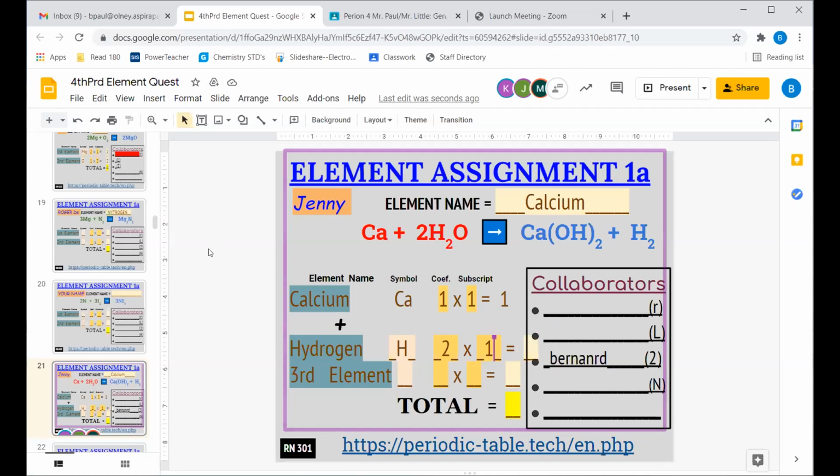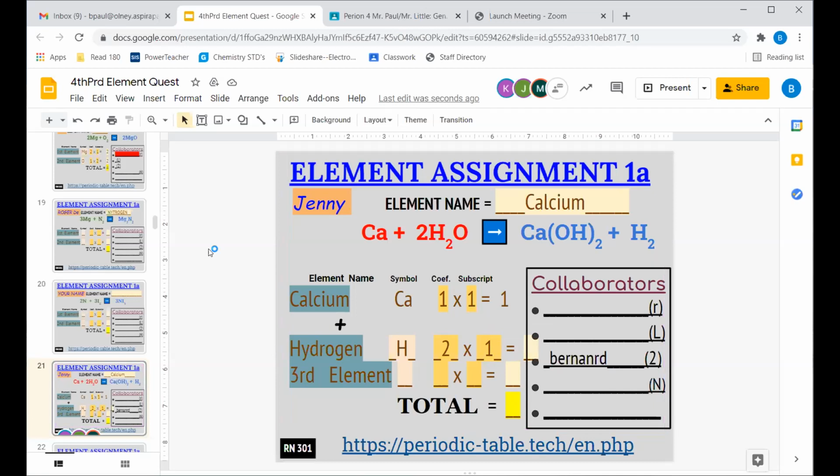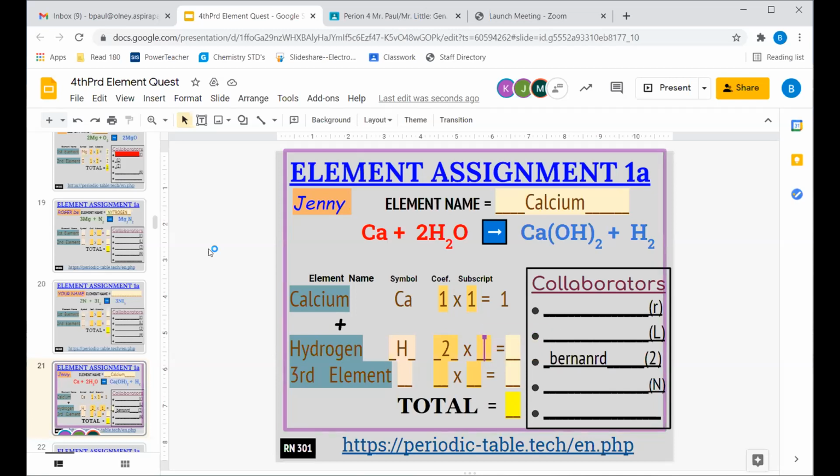Is it correct or not? Someone put 1. No, hydrogen has a subscript of 2, not 1. Yes. So can someone tell me what's the total? Not the total, but the result. 4.